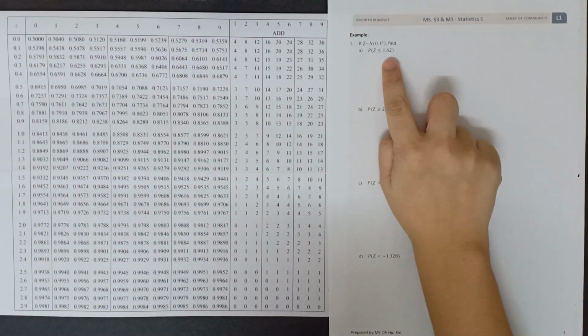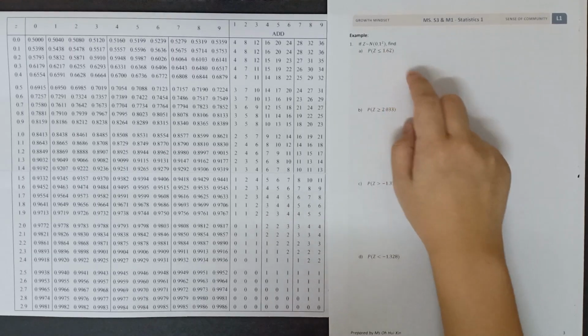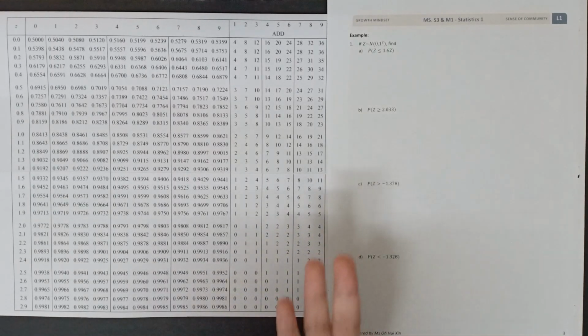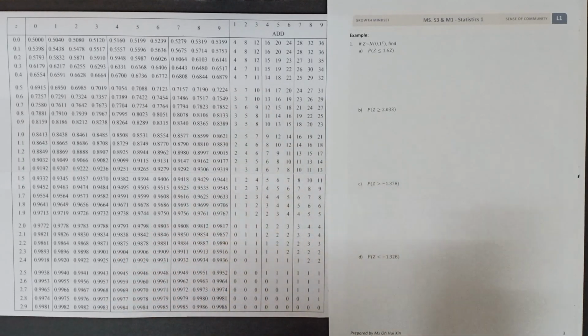So when we talk about z smaller or equal to 1.62, it's basically the same thing as smaller than 1.62 without the equal sign. Because you do not have an exact value like a discrete random variable, where if we say smaller than 3, it means 1, 2, 3 is not included, because that is discrete.